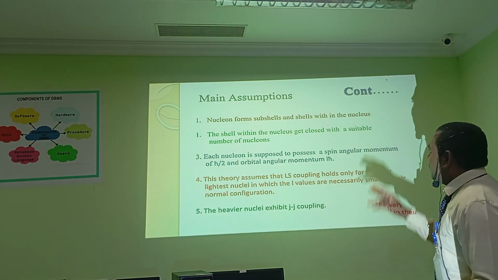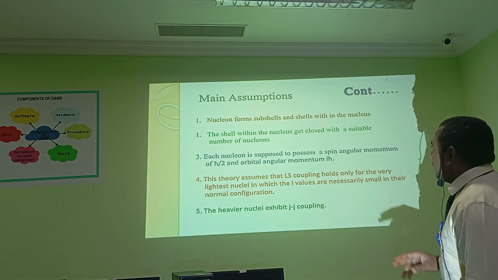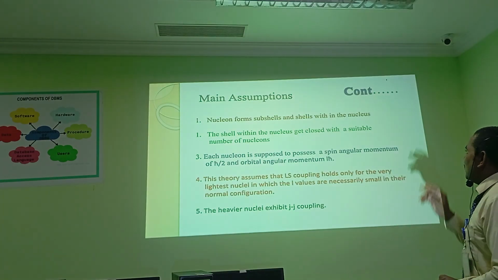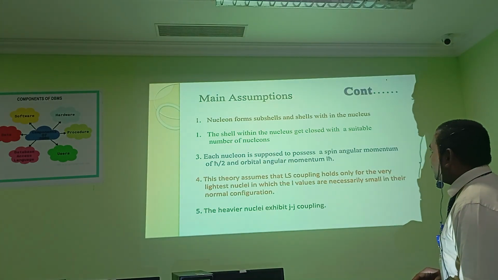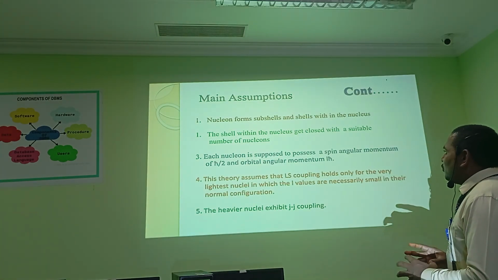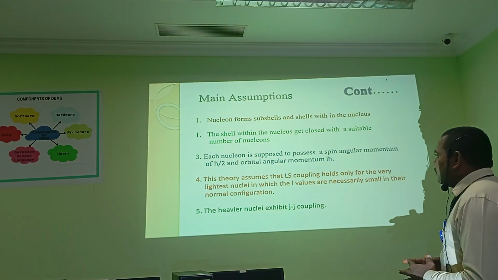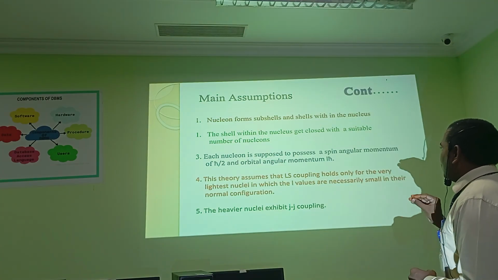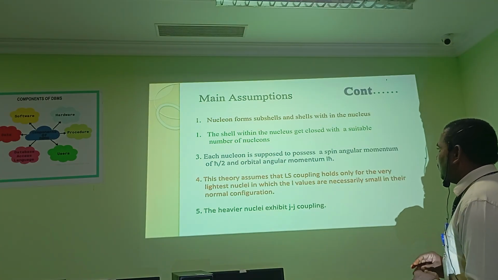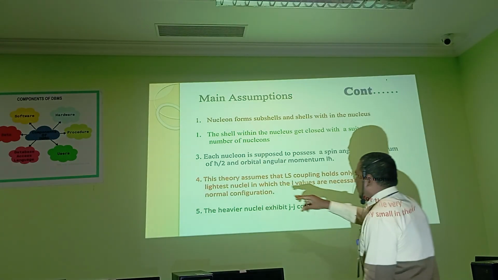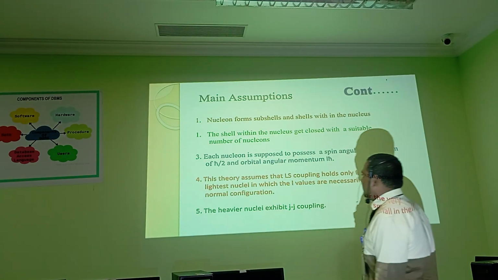Yes. The main assumption of the shell model: nucleons form shells within the nucleus, and a shell gets closed with a suitable number of nucleons. Each nucleon possesses a spin angular momentum of h by 2 and an orbital angular momentum h.